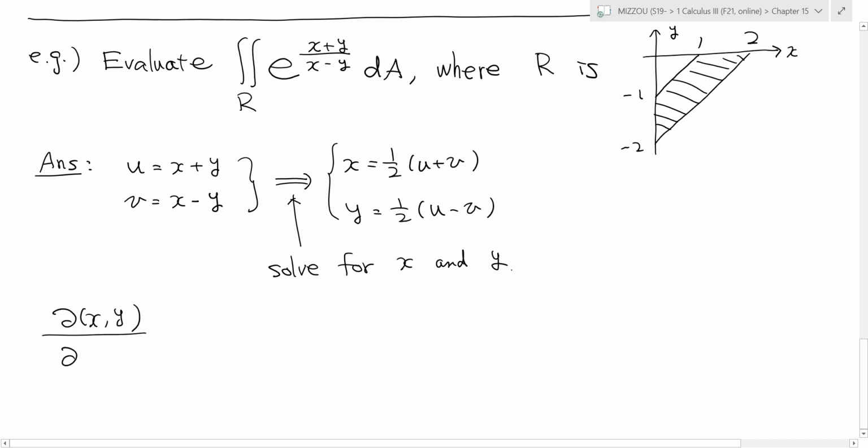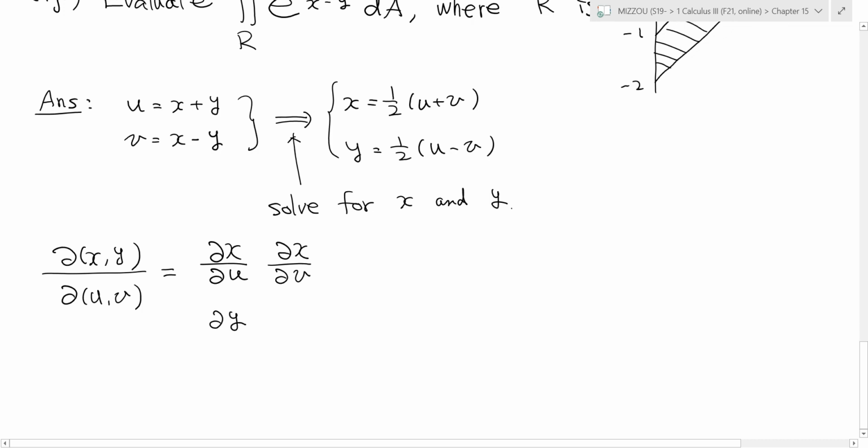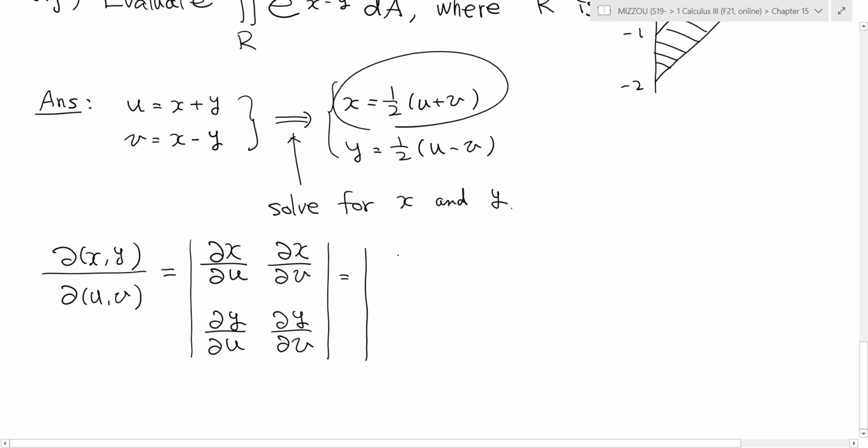Okay, and then the Jacobian is, by definition, partial x partial u, partial x partial v, partial y partial u, partial y partial v. And then this is equal to, well, you differentiate x with u, you get 1/2.